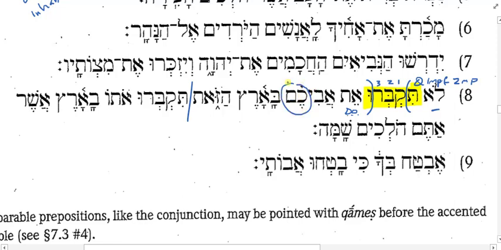Which pronoun is chem? Yep, that's 2MP. Okay, now look, I have a yod right before the chem. So y'all will not bury y'all's avi.